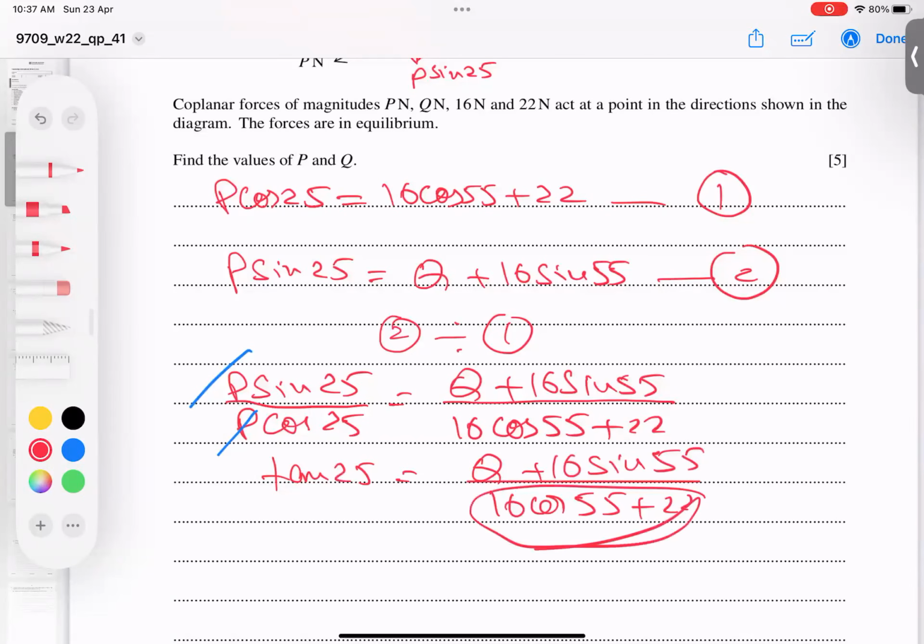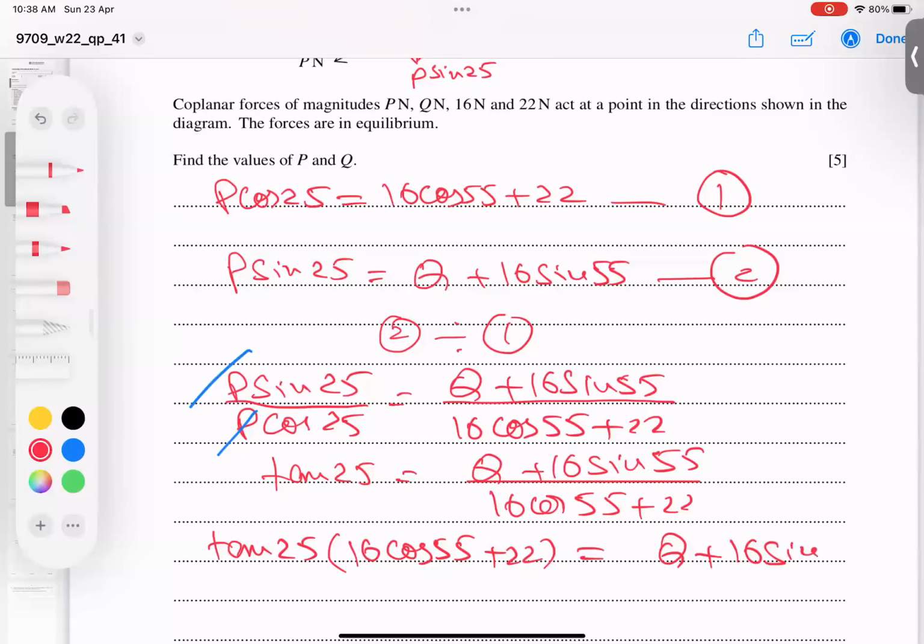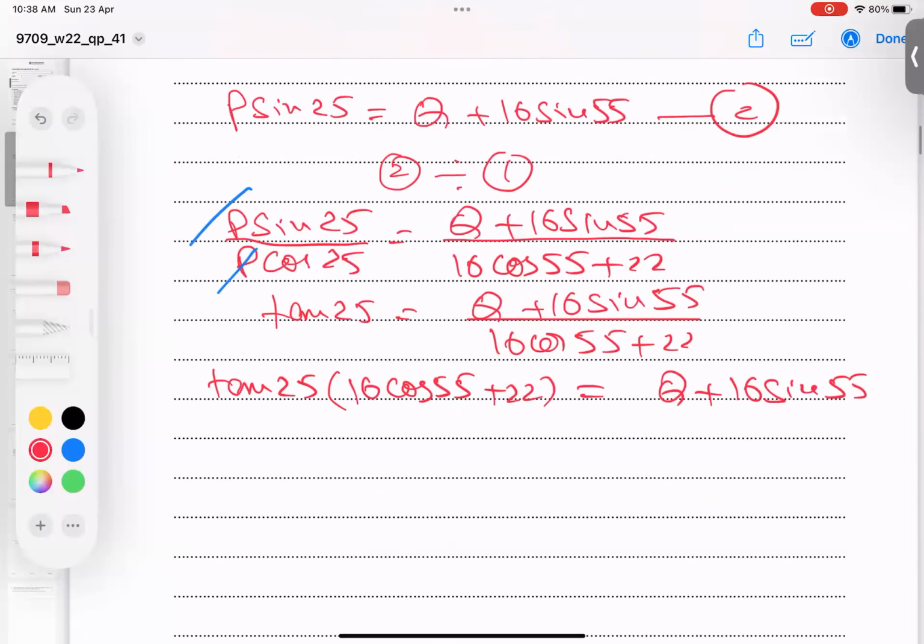So this whole thing will multiply over, and it turns out to be tan 25 in the bracket 16 cos 55 plus 22. And here what is left? Q plus 16 sin 55. So now naturally this addition will go and be subtracted there.